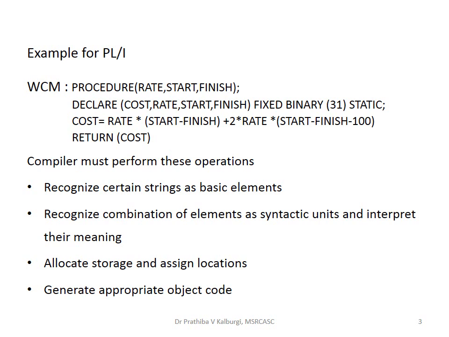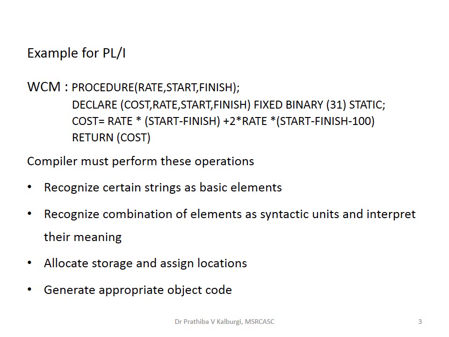Coming to the next step, it recognizes the combination of elements as syntactic units, and then interprets their meaning. That means it ascertains that the first statement is a procedure name with 3 arguments, and the next statement defines 4 variables, which are to be fixed binary numbers of 32 bits.